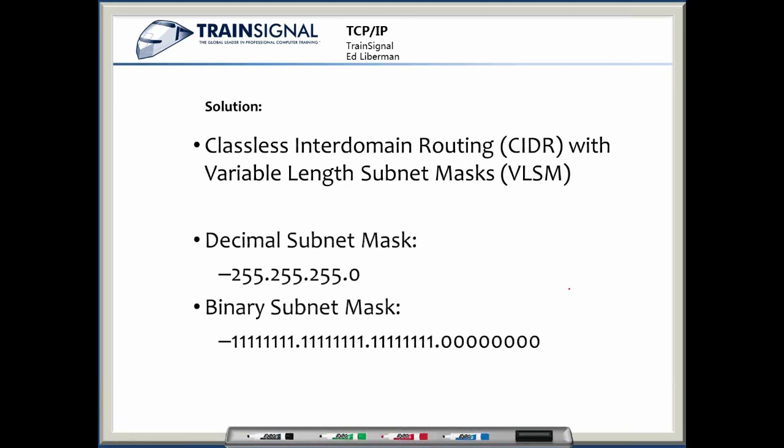We could only draw the line on the dots. But when we break this down to binary bits, where we have individual ones and zeros, we actually have 32 different numbers, which means we have 31 different breaking points. We can move this line to the left or to the right, or put it wherever we want to put it.